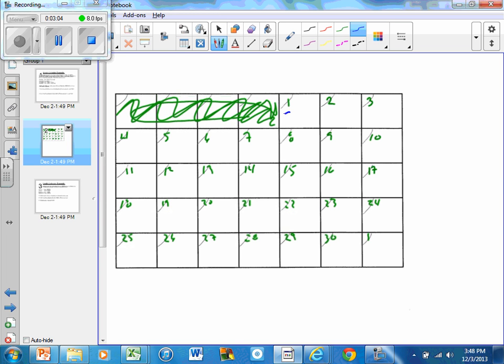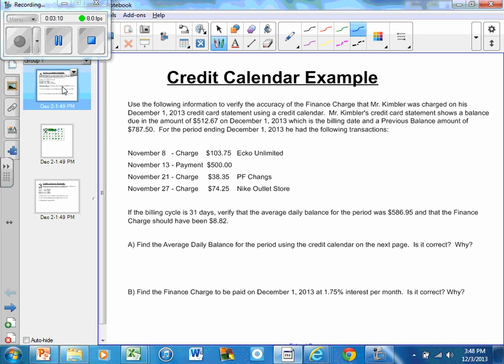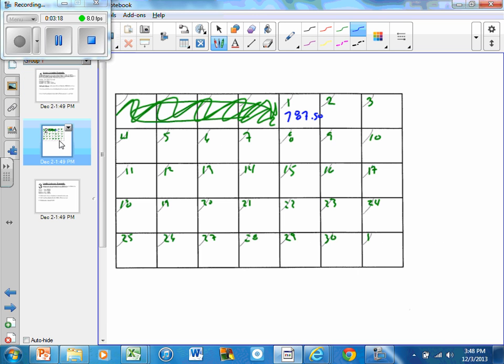So on day 1, we had $787.50. If we look back at our transactions, we'll see that our first transaction happened on November 8th, which was a charge of $103.75. So our balance on our credit card does not change until the 8th.